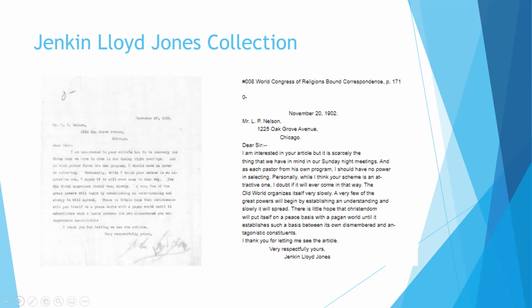So Jenkin Lloyd Jones wrote this on November 20th, 1902, and it was addressed to Mr. L.P. Nelson. "Dear Sir, I'm interested in your article, but it is scarcely the thing that we have in mind in our Sunday night meetings. And as each pastor forms his own program, I should have no power in selecting. Personally, while I think your scheme is an attractive one, I doubt if it will ever come in that way.